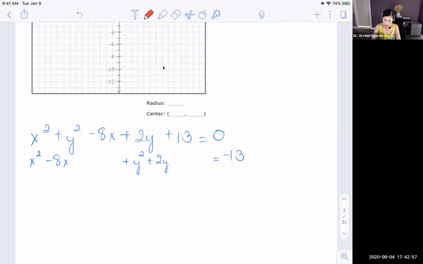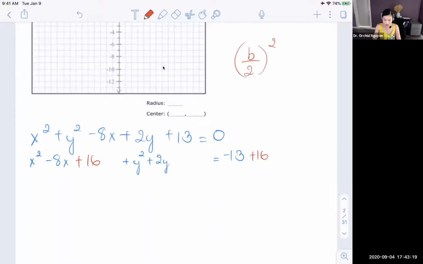So once again, b divided by 2 and square it. So it's going to be -8 divided by 2, -4, squared, 16. So I'm going to add 16. This is crucial. I just add 16, so I'm going to add 16 over here.